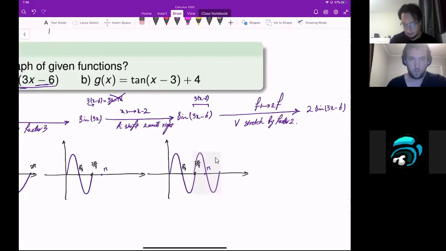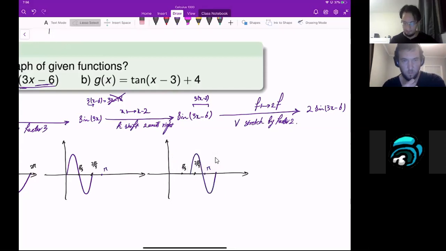Let me see, pi/3 plus 2. Is that less than pi? Yes, I guess so. Okay, somewhere here. So then this point here is 2 plus pi/3, and this is 2 pi/3 plus 2.